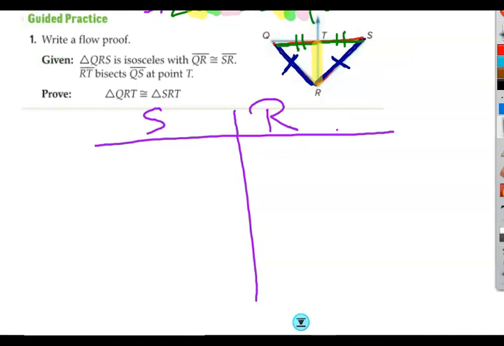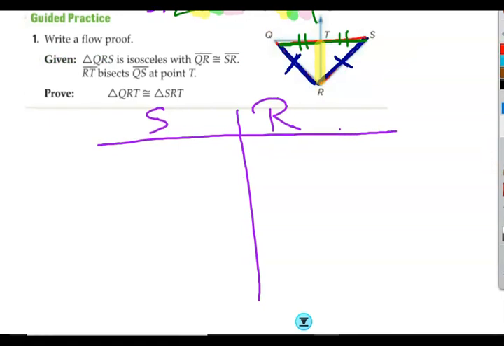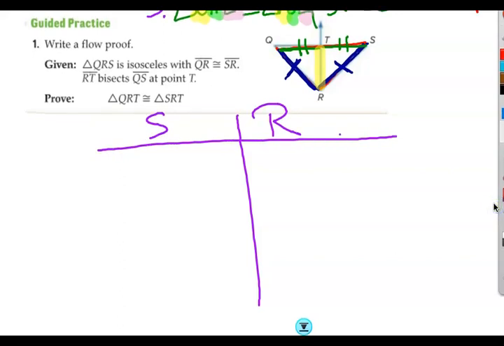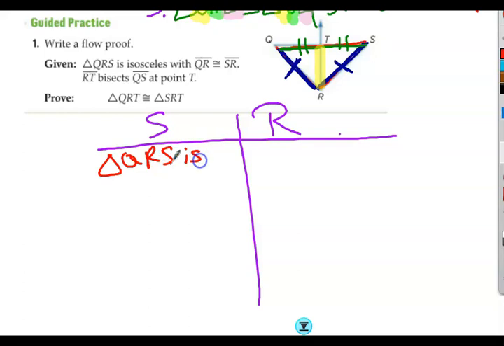All right, so let's keep going. Let's keep this train a-going. So we have our guided practice, and we are solving, so writing a flow proof. So first we should write down our givens. So we have QRS is an isosceles triangle.